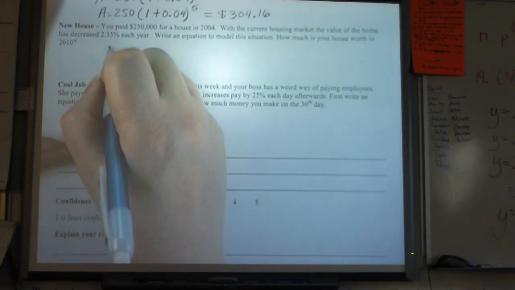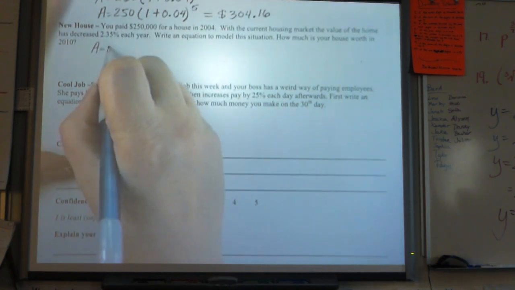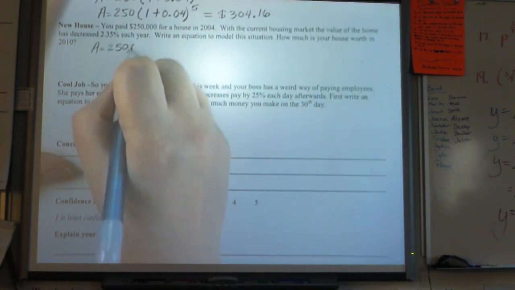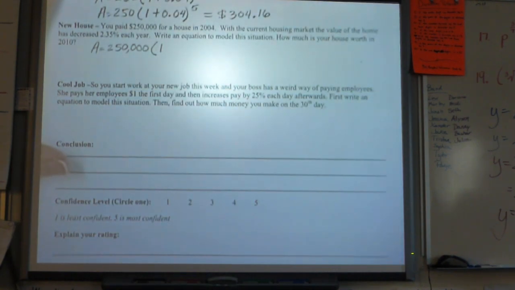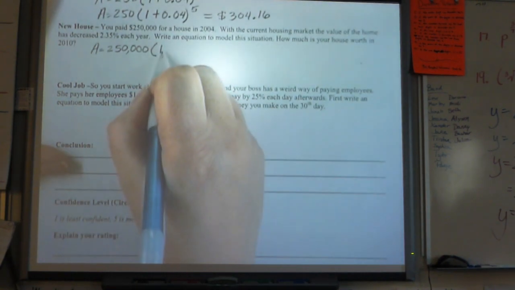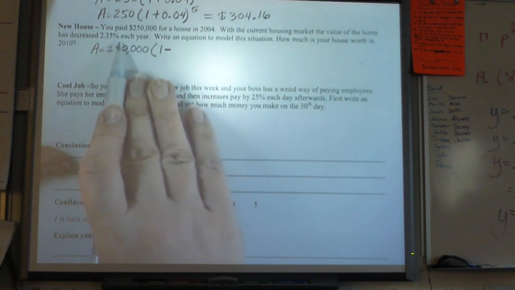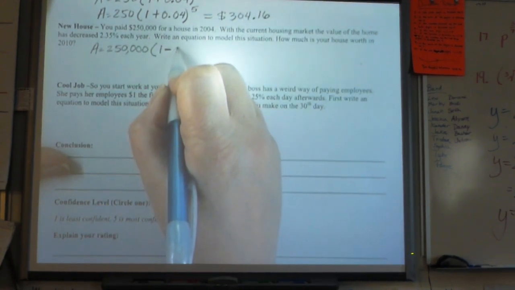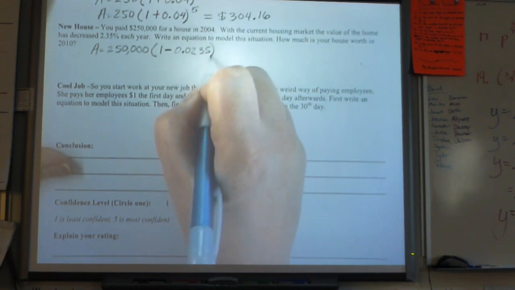So the amount of money that our house will be equal to is the principal, which was $250,000, times the 1. And what do we have here? Growth or decay? Good. Minus, because it's decay. What's our decay rate? 2.35%. Good. So minus 0.0235.